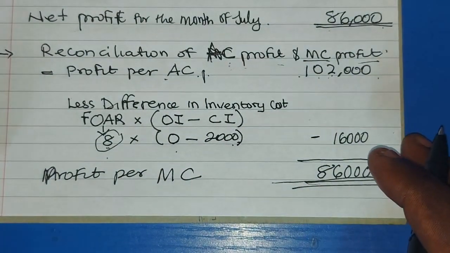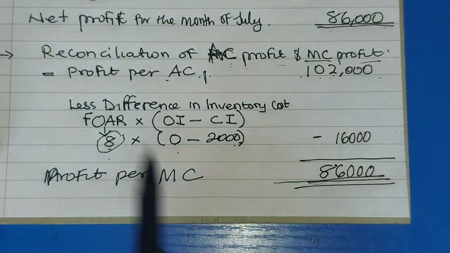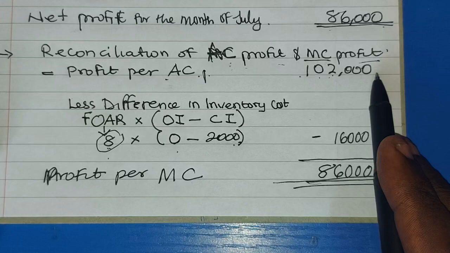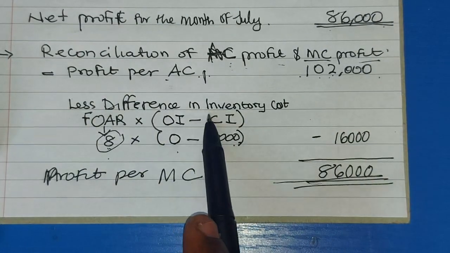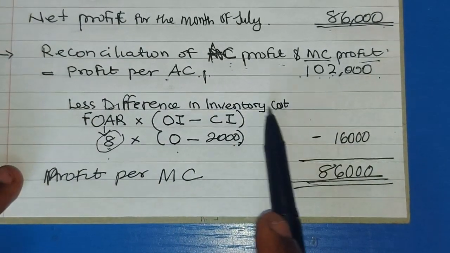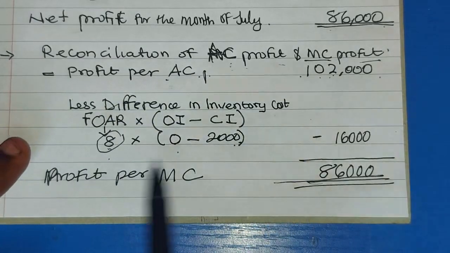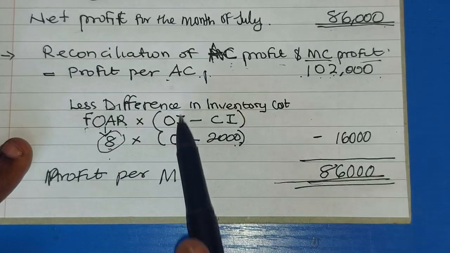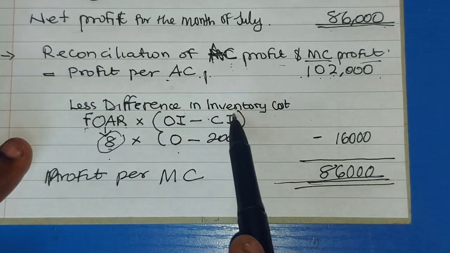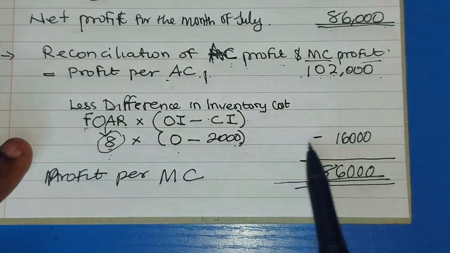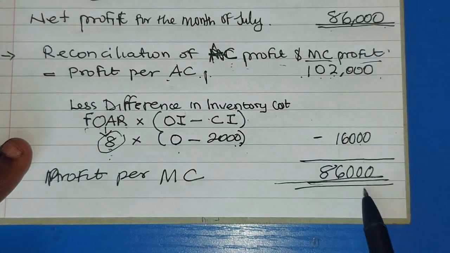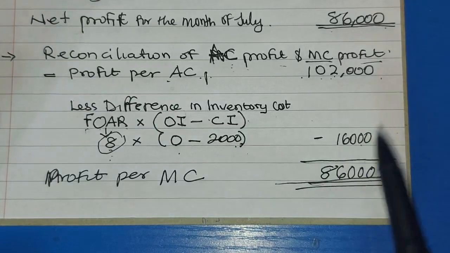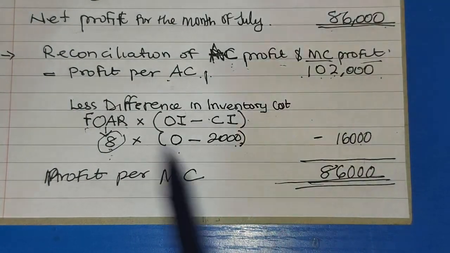So that's how to reconcile using this format. You say profit per absorption costing, less difference in inventory cost, and that inventory cost is the fixed OAR multiplied by opening inventory minus closing inventory. So if your answer is negative, just subtract. But if your answer is positive, you add.